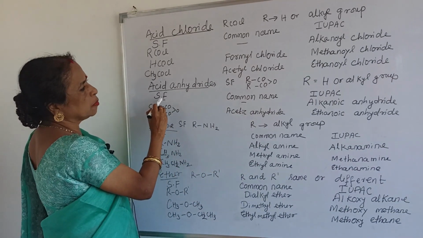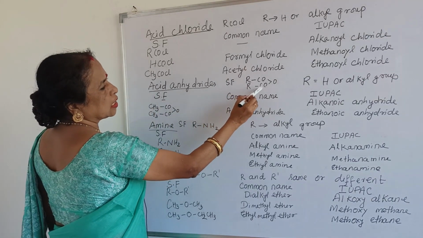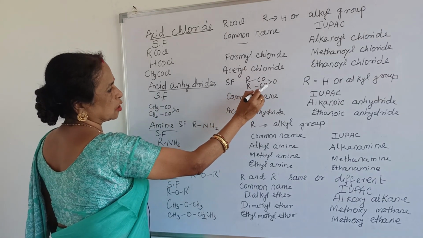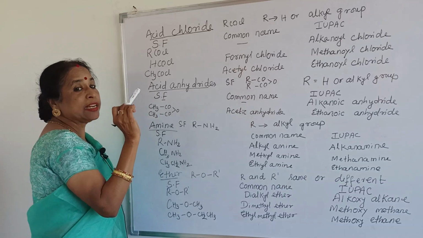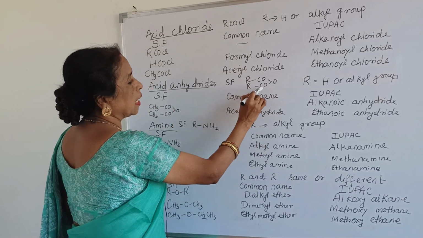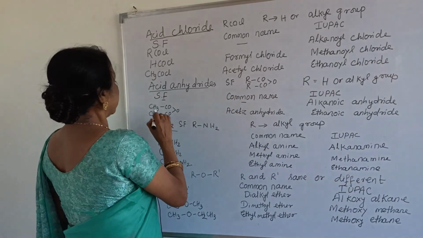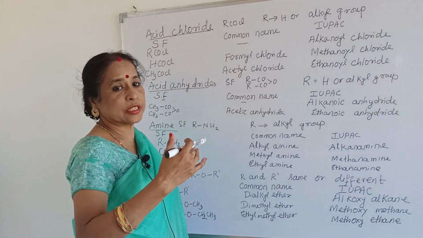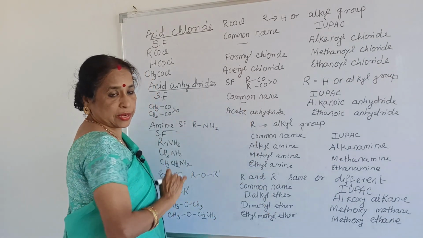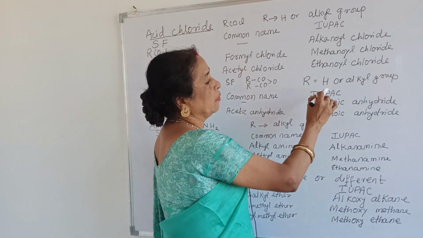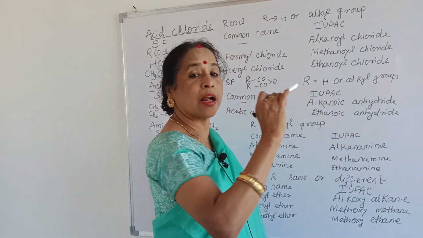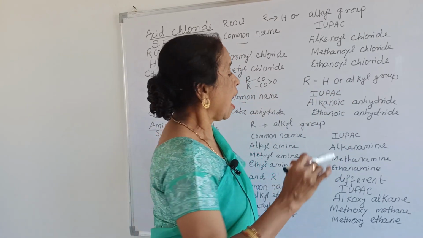Now in the structural formula, RCO connected with oxygen, the upper part indicates one acid, the lower part indicates another acid. According to the common name, which refers to the common name of the acid, and the IUPAC name, it is known as alkanoic anhydride.